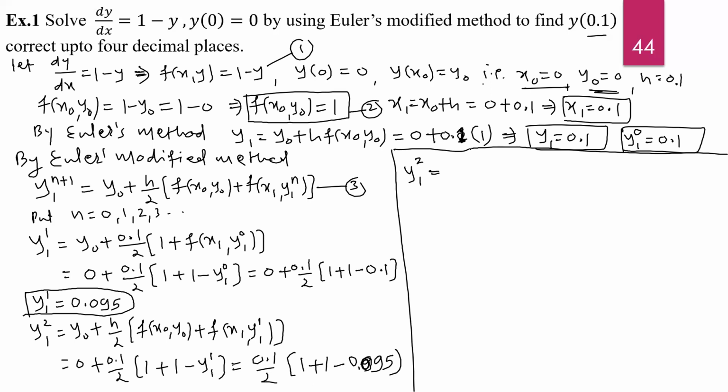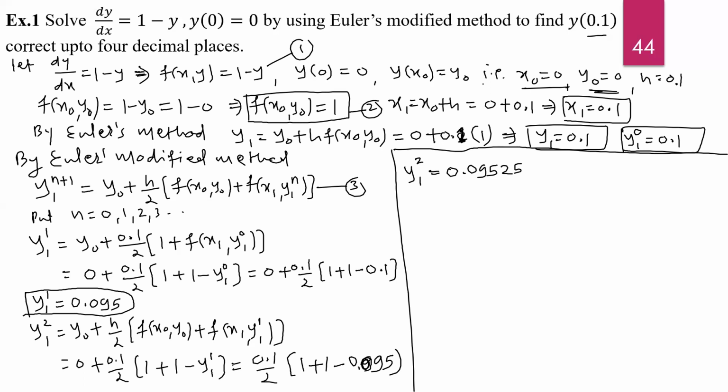Now calculate this value. So we get y1 raised to 2 is 0.09525.